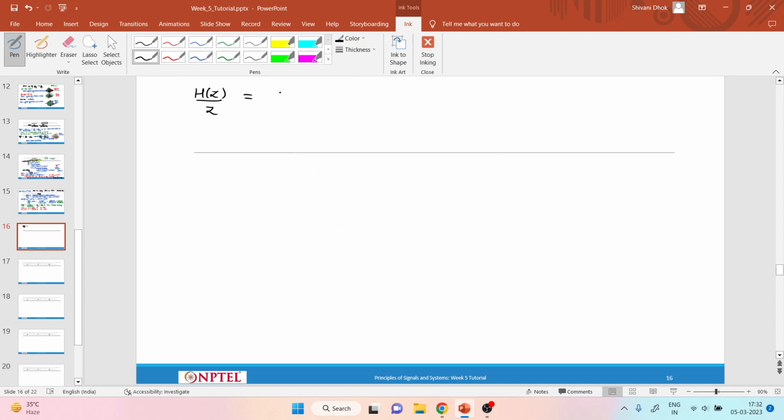So this is 6 by 5 into 1 upon Z minus 4 minus 1 by 5 into Z plus 1, which implies that h of Z is equal to 6 by 5 Z upon Z minus 4 minus 1 by 5 Z upon Z plus 1.